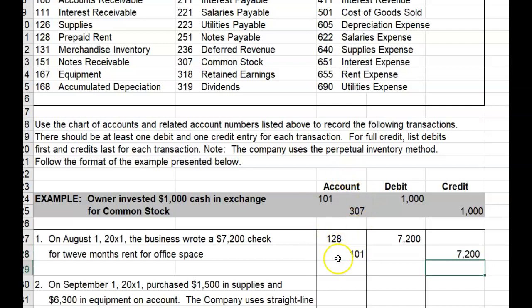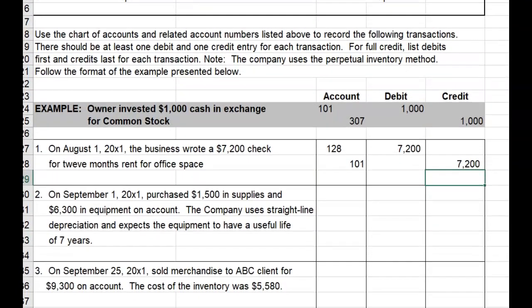Notice that I've given you only one column to write your account numbers. Debits are on the left, credits are on the right. Notice that I wrote the account number 128 that I'm debiting to the left side of that column, and I wrote account number 101 that I am crediting to the right side of that column. Let's do the next one.